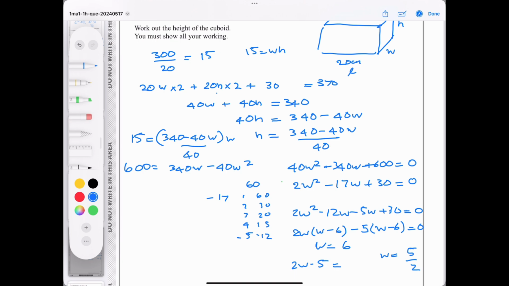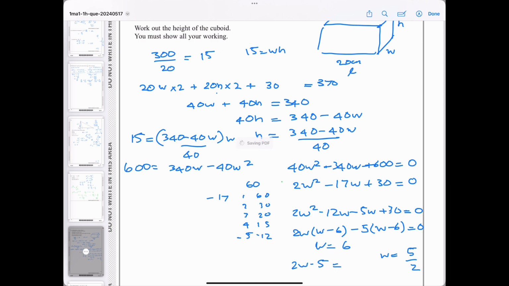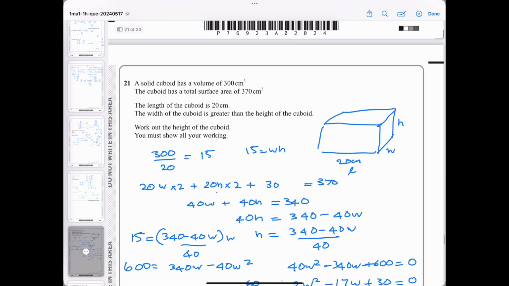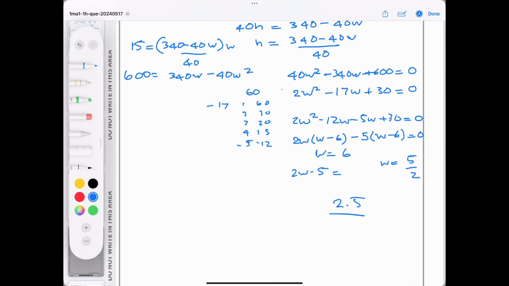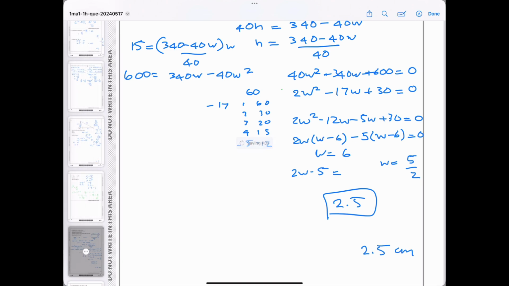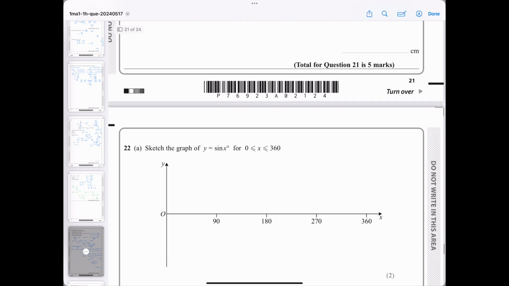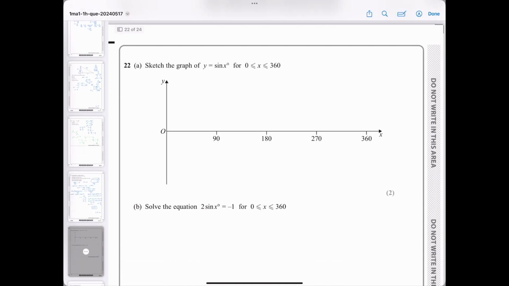So which one's bigger? There you go. You must show me the height. The width is greater, so the height is going to be 2.5, whatever it is, centimetres. I hope it's centimetres, because at this stage, if I lost a mark for that, I'd be pretty annoyed. Right, sketch the graph of sine.